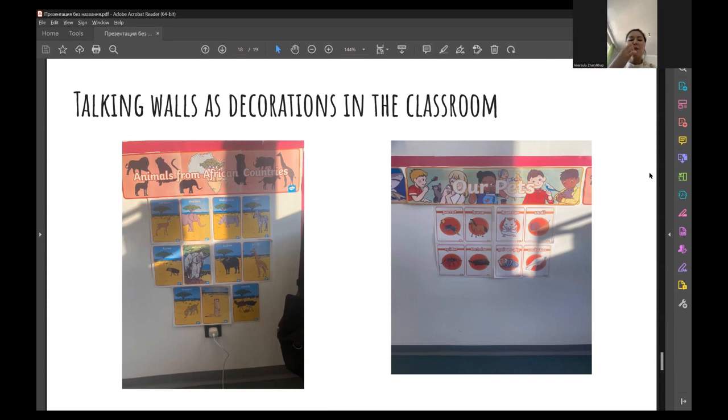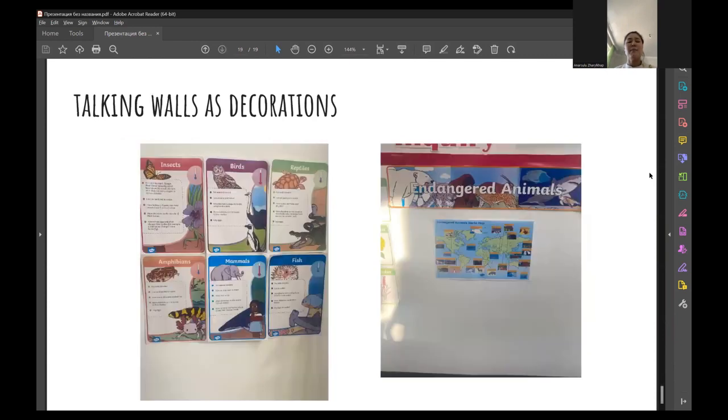"Oh wow, this animal!" And they already remember the names of the animals, because they can read them. In the next slide, there is also a map showing which animal belongs where, like endangered animals or groups of animals. So walls, for me as a science teacher, are really important, and I use this tool a lot.